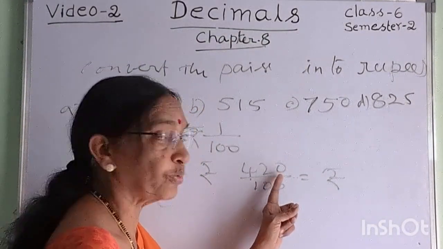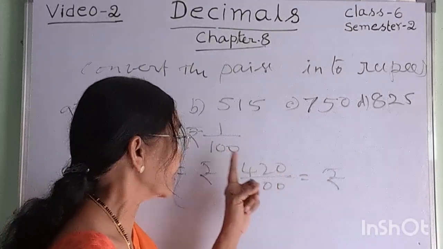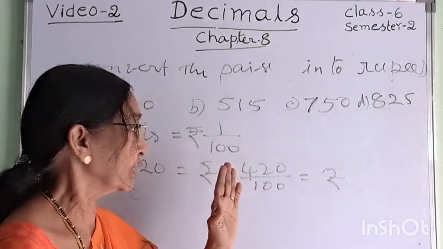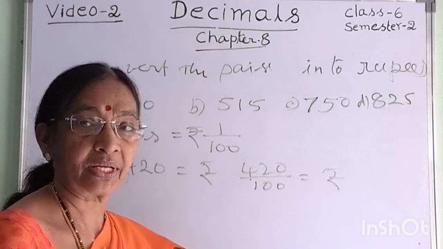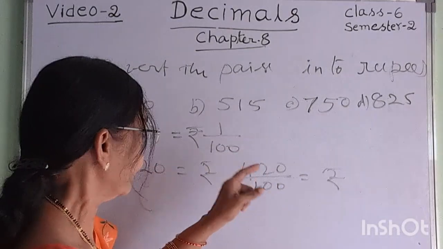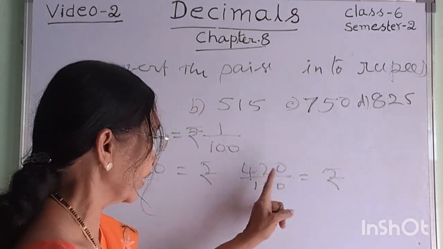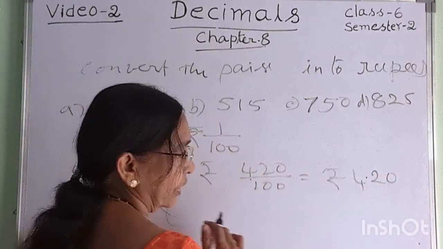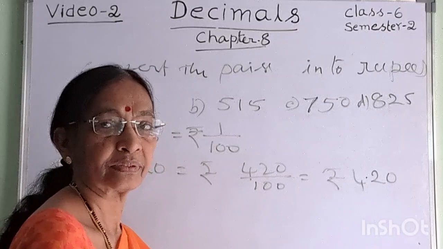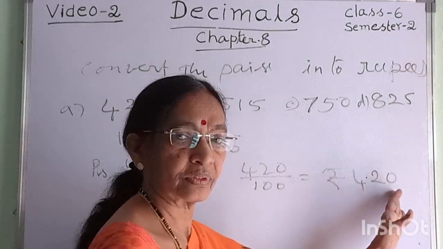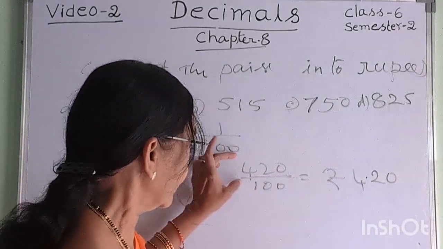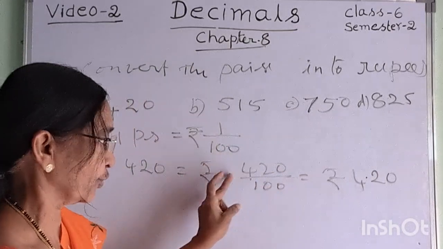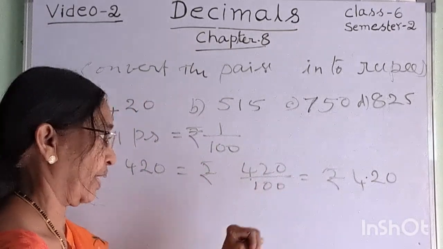Now we have to count this 0 also because it has value when it is not after the decimal point. Therefore, count 1, 2. This is equal to 4.20. Now we can delete the 0.